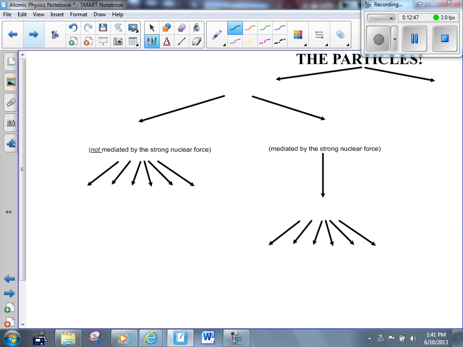We have two types of particles that basically any particle can be broken down into. There's the fermions and the bosons. Remember, this is in black, so you don't have to remember these terms, the fermions and bosons.